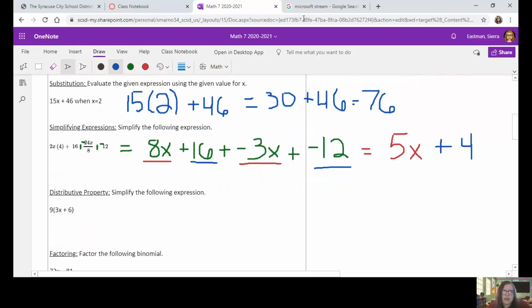Skill number 3, like I said, was our distributive property. So it is simplifying in a different way, a very specific way, using that area model method or the box method. So I'm going to go ahead and set that up. We put our outside number on the side of our box and our inside expression on the top of our box.